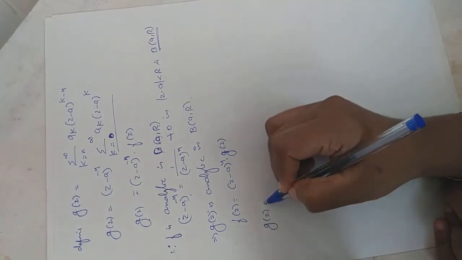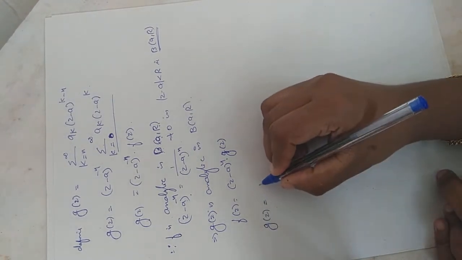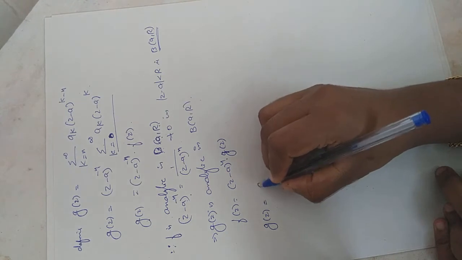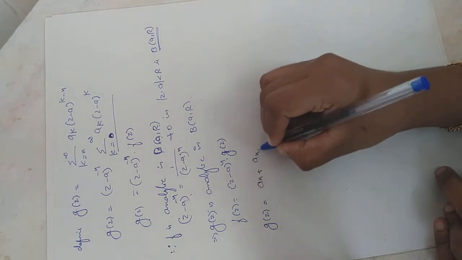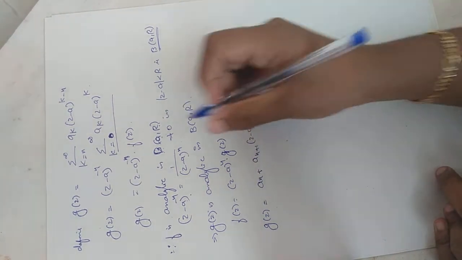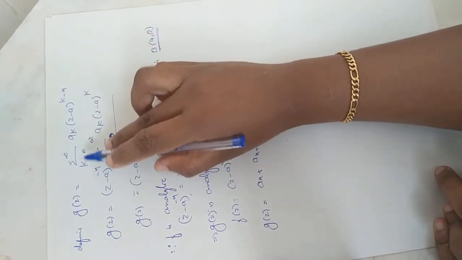what is g(z)? g(z) is equal to a_n + a_{n+1}(z − a) + ... We substitute these values, k equal to n to infinity.